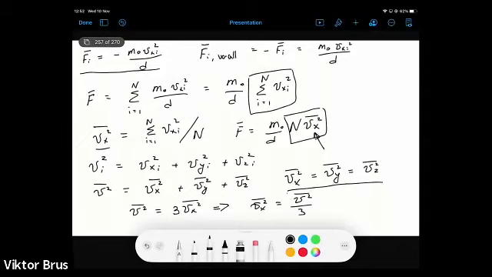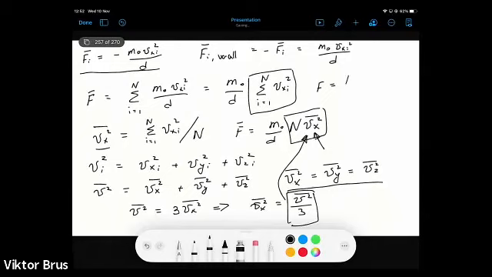So now we substitute, instead of Vx square average, its expression, and we get the final expression for the force which acts on the wall of the container.